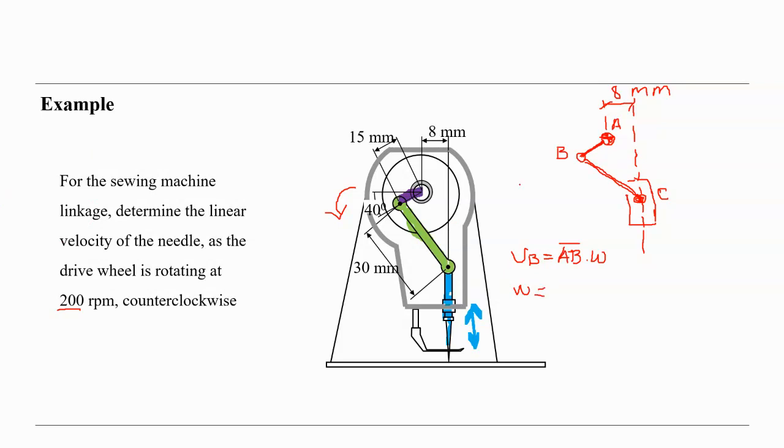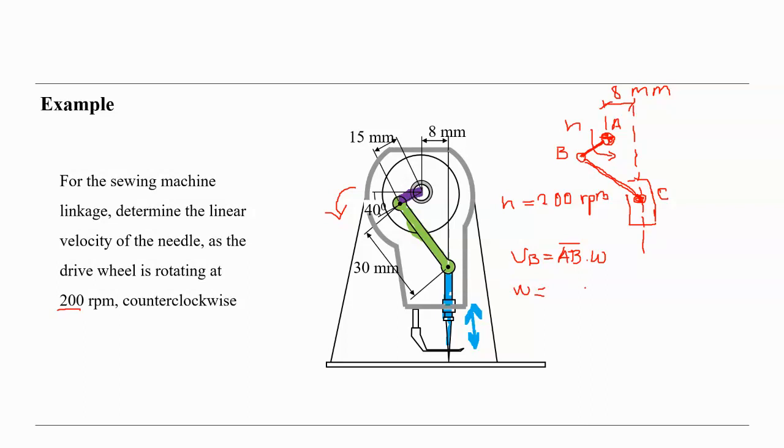Omega is equal, N is given, here N is equal 200 RPM, and this is the N given here, counterclockwise like this.